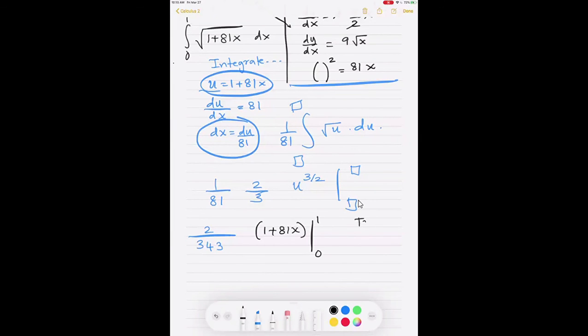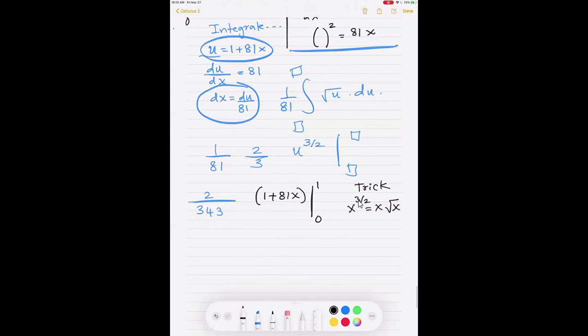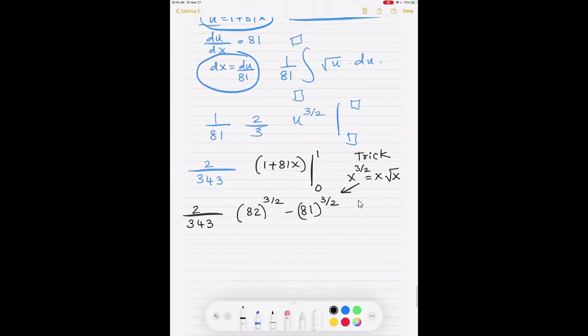Here is my trick, and I think I've shown you this before. x to the 3/2 is x square root x. What do I mean by that? This is what I want from you, 343. So you are going to say this is 82 to the 3/2 minus 81 to the 3/2. Use the trick. It should be 243.